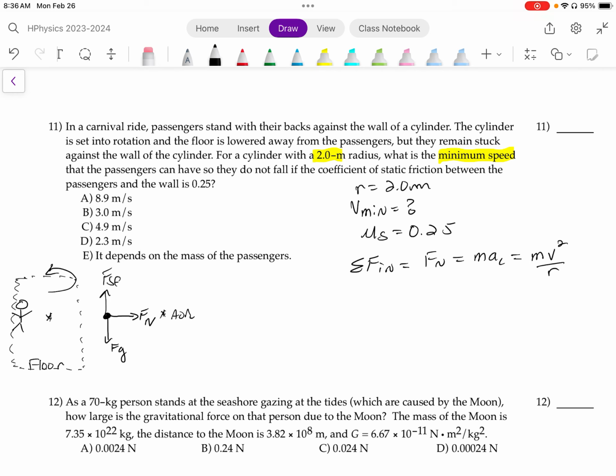And then I'm also going to need to sum the forces in the y direction, and that will equal force of static friction minus force of gravity equals mass times acceleration in the y direction. Well, if this person is not slipping, their velocity in the y direction is 0 and maintains a velocity of 0 in the y direction, then the acceleration in the y is 0. And the force of static friction must equal mass times little g, okay?